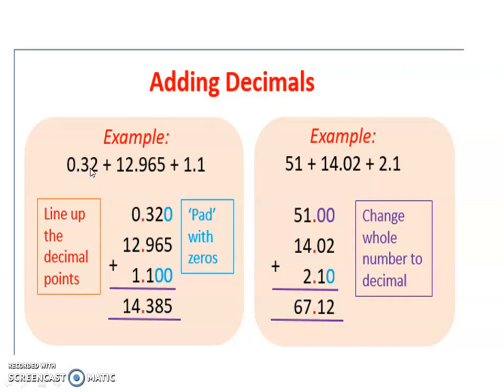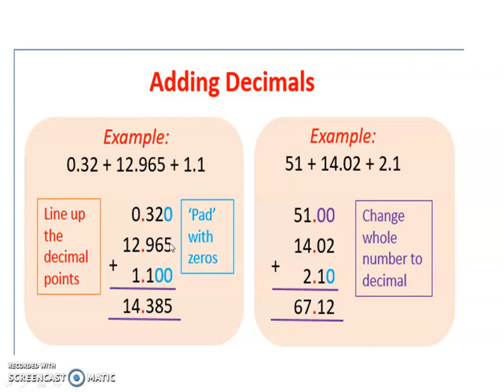Here 0.32, 12.965, 1.1. All the decimal points should come in one line. Then arrange the digits accordingly. If you don't have any digits, you should put 0. Pad with zeros. That is, fill the blank with zeros.